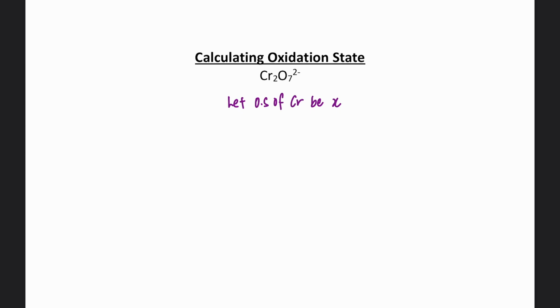Next we're going to calculate the oxidation state of other elements. We'll let the oxidation state of chromium be x. We have 2 chromium, so 2x, plus 7 oxygen atoms, so 7 times -2.